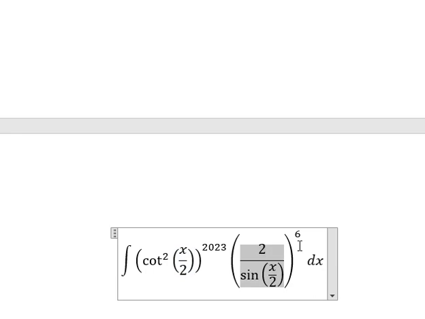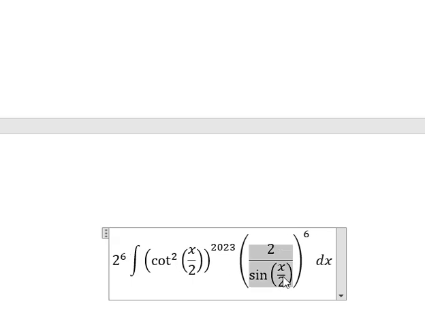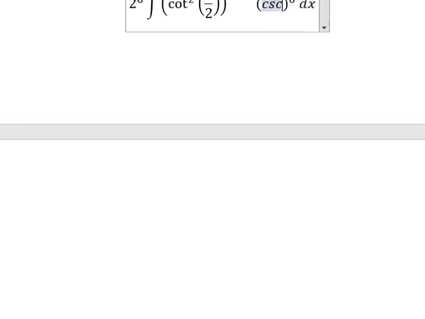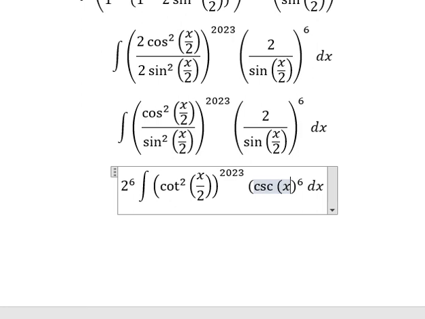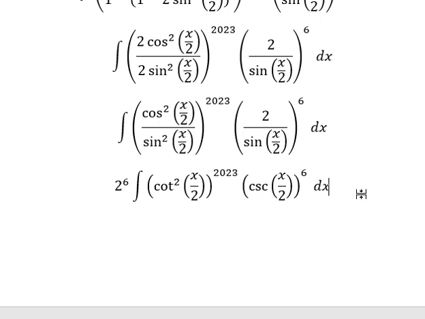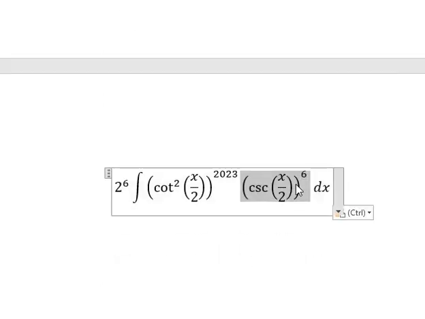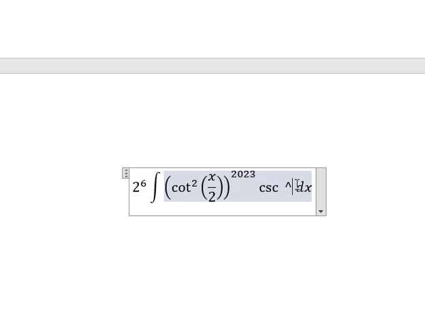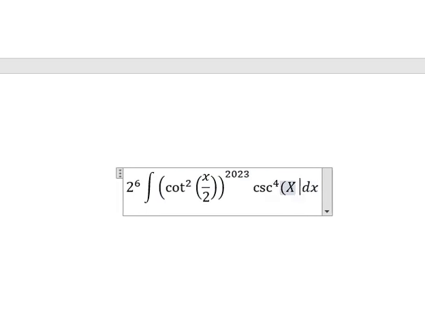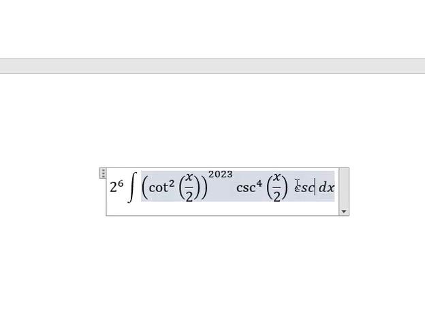This one, we put 2 to the power of 6 outside. And this one we can change to cosecant of x over 2. So in this one, we can put cosecant of x over 2 to the power of 4, and cosecant of x over 2 squared.